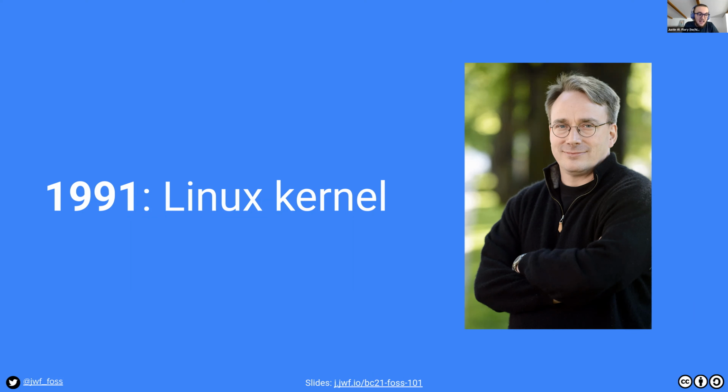But still, even with Linux, in 1991, open source and free software is still a niche and it's really in a bubble. But in 1997, things start to get a little more attention and open source starts to go mainstream.